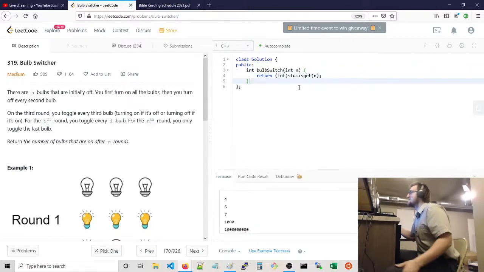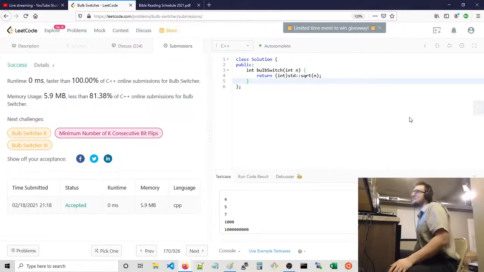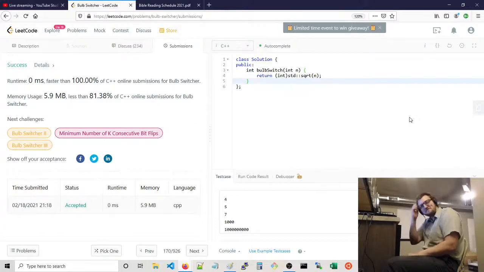Just a square root function? Come on, man. It's a freaking problem.